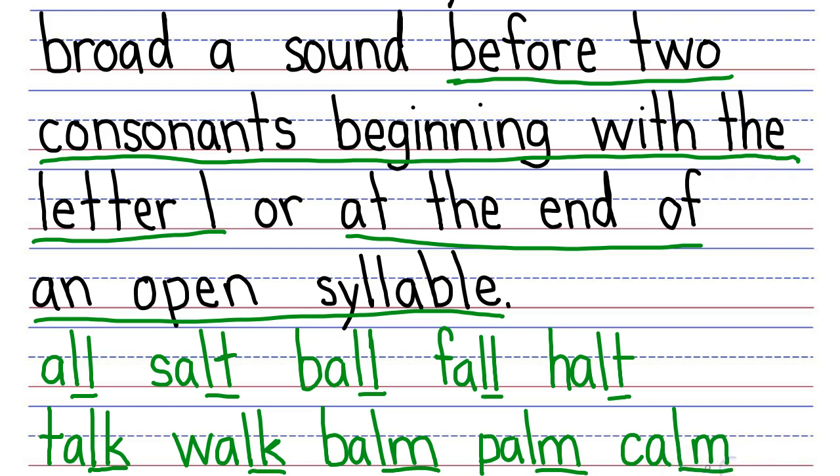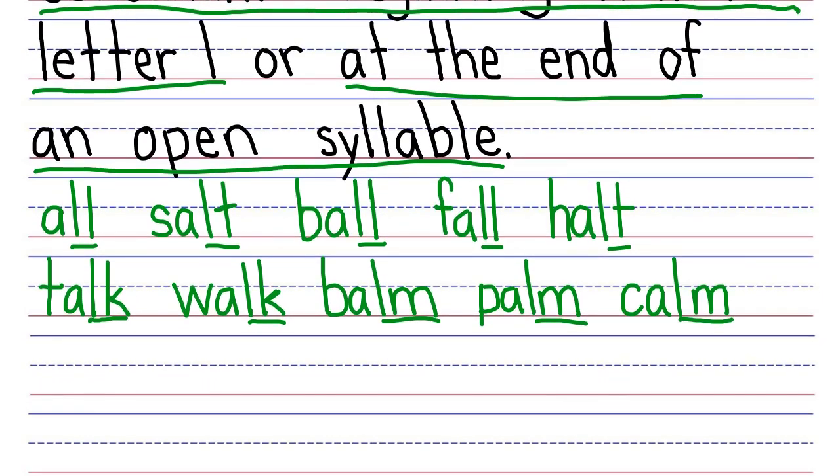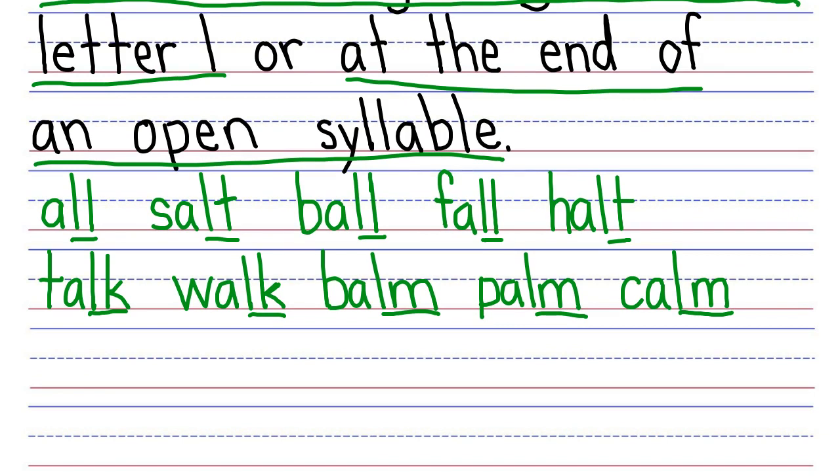So that's a really good clue that the A is going to make a broad A sound. But we have another clue here. Letter A can make a broad A sound at the end of an open syllable. That sounds an awful lot like long A. Let's see some examples.